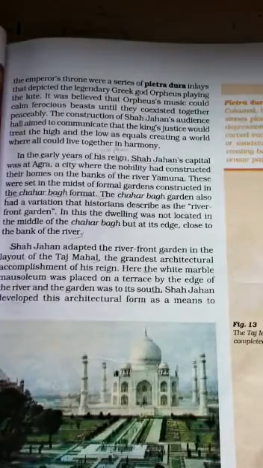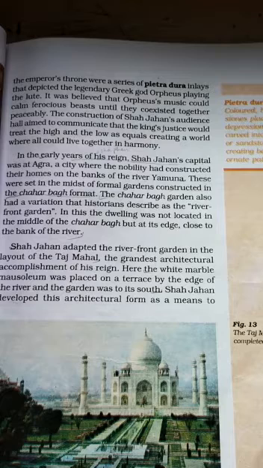In the early years of Shah Jahan's reign, Agra was the capital, where the nobles constructed their homes on the bank of the river Yamuna, with a Chahar Bagh form.